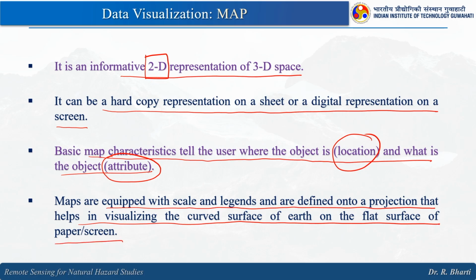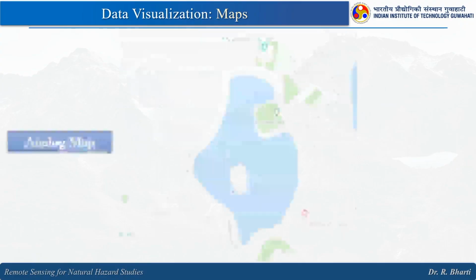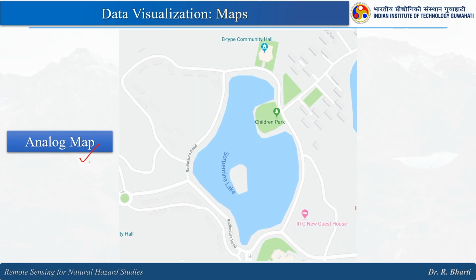So, here we will see one by one all these elements or characteristics of a map, which will help you convey the information in the true sense when you generate a map after your analysis, right. This is an example of an analog map, where it is sketched and all of this is approximate, right.